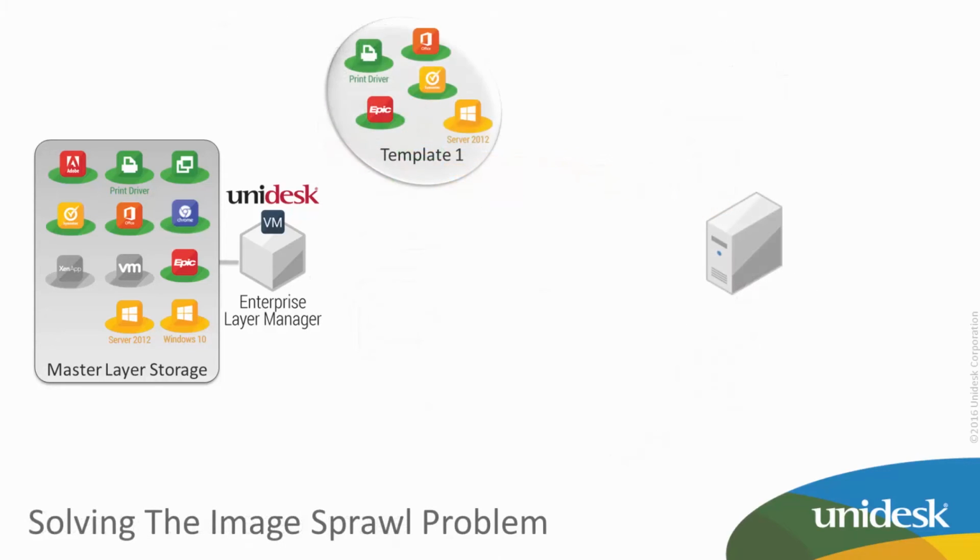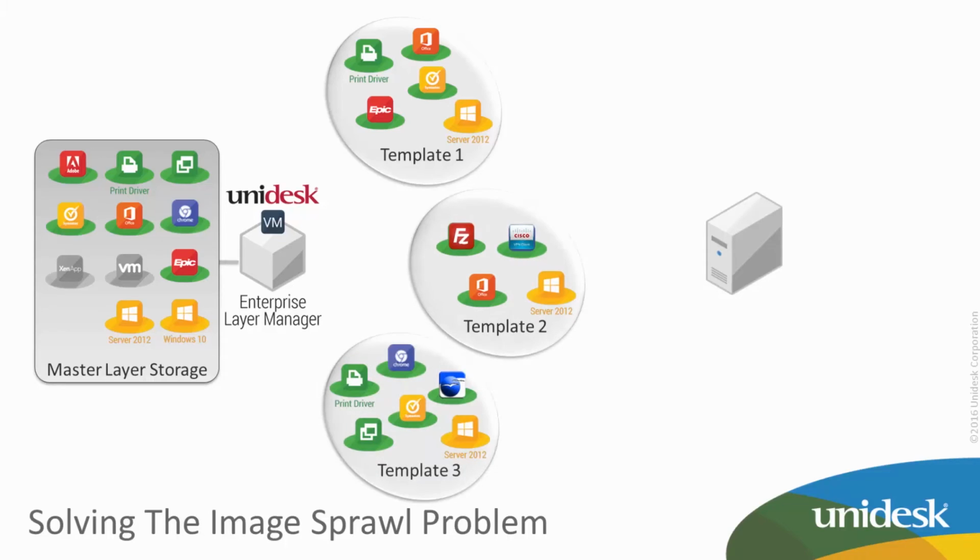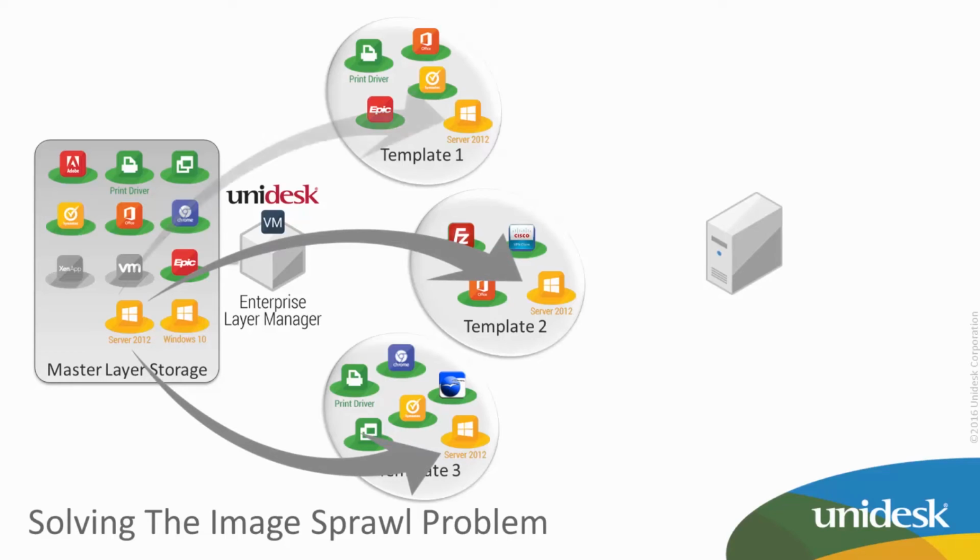So what does that really mean for you? Well, today we're used to seeing tons of gold images, and some of the layering technologies out there will attempt to reduce some of that gold image sprawl. But this completely eliminates the gold image sprawl problem, as these templates, which are just bills of material for a list of layers and an operating system layer, can have overlap in applications, overlap in operating systems, but when IT patches Windows or a single application one time, it is then updated in all of these templates.